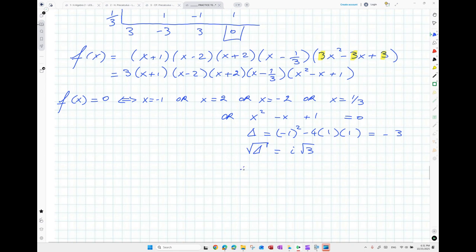Therefore, x will be equal to -b, which is -1, so positive 1, plus or minus i square root of 3, divided by twice a, twice 1, which is 2. And here we go.